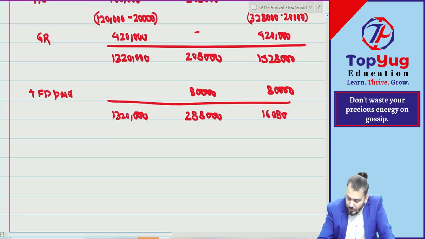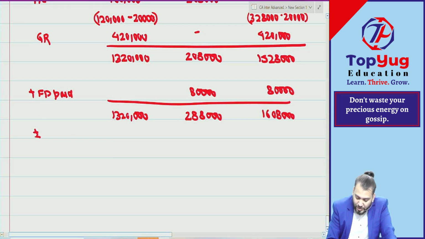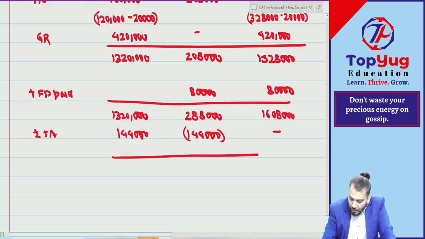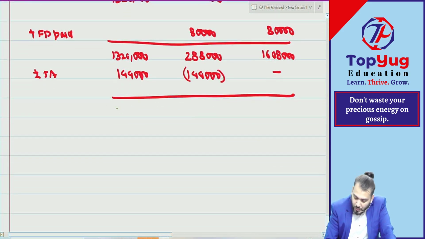16,08,000, plus minus time adjustment for how many months? So divide by 2, how much? 1,44,000 minus and 1,44,000 plus. This becomes how much? 14,64,000. This is 1,44,000.